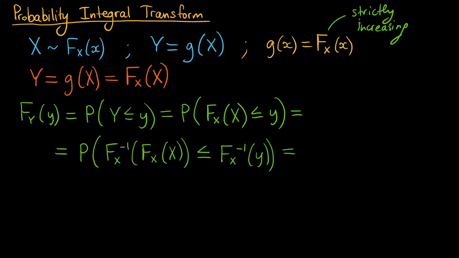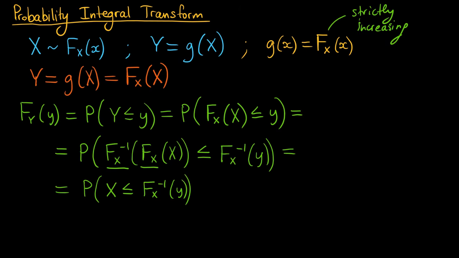Okay, but then what do we have on the left side? Again, no surprise, by design these two will cancel out, right? Because the random variable capital X travels from the range of x to the range of y and then travels right back. And so all we have here on the left is just x less than or equal to the inverse CDF of x evaluated at y.